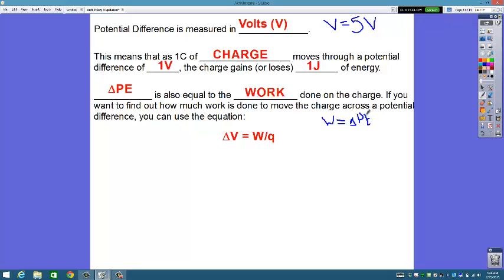From the last equation we wrote down, where your potential difference, or your voltage, equals PE over Q, I can plug this relationship in and come up with a new equation. Your delta V, your potential difference, is equal to work divided by the charge. It's just another equation you can use depending on whether you're given the potential energy or the work. It's meant to make your life a little easier.